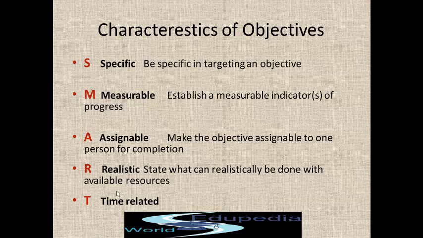Once you start the objective, you should be able to say, within 1 year or 2 years, I'll be able to complete the objectives in terms of projects. So any objective should be SMART: specific, measurable, assignable, realistic, and time related.